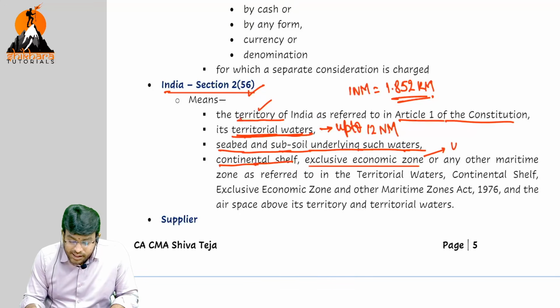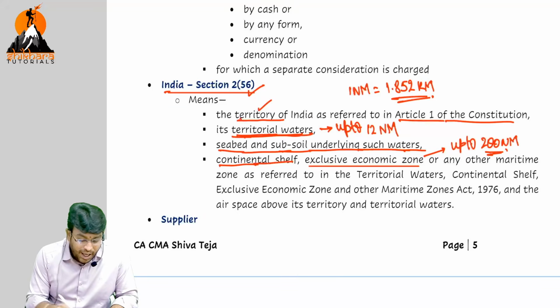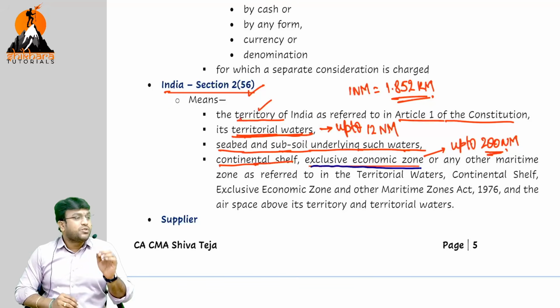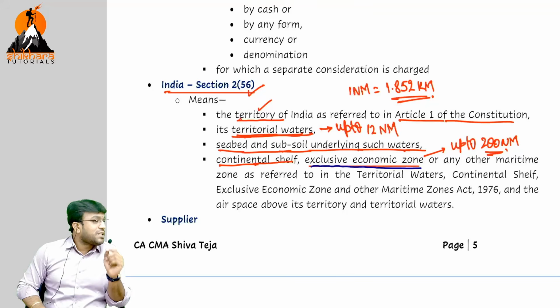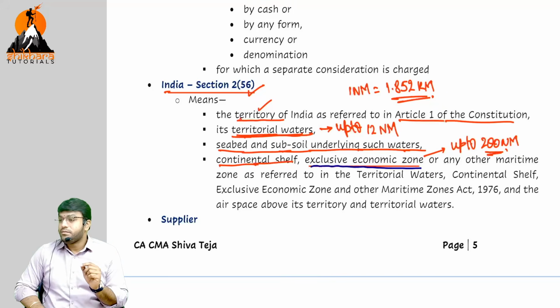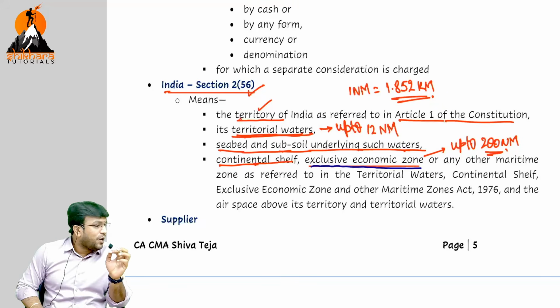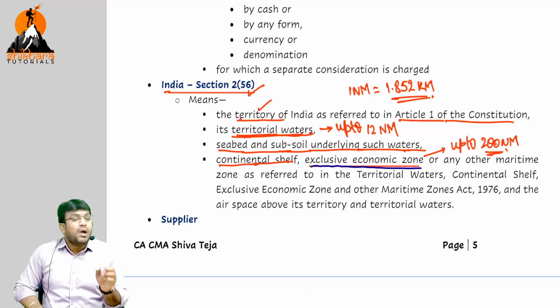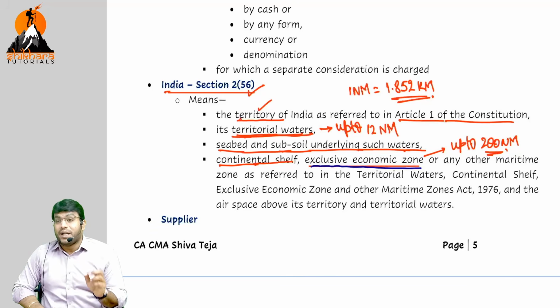This is up to 200 nautical miles. Why is it called exclusive economic zone? Because exclusively only one activity is covered there, that is extraction of mineral oil.